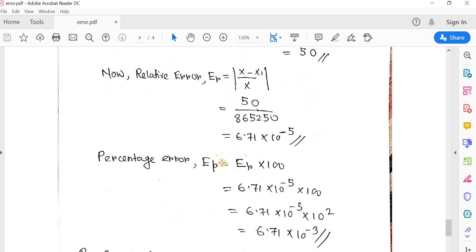Again, percentage error, we know, is equal to relative error into 100. So we have found the relative error, and this is the relative error into 100. So this will be 6.71 into 10 to the power minus 3. In this way we can compute the absolute error, relative error and percentage error.